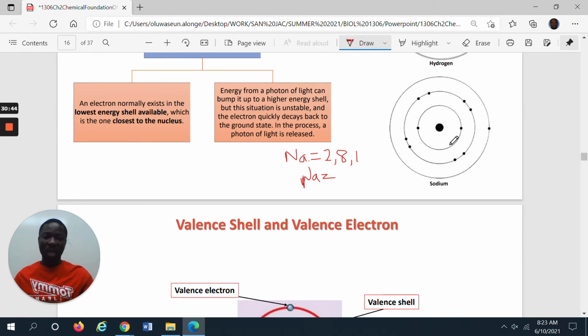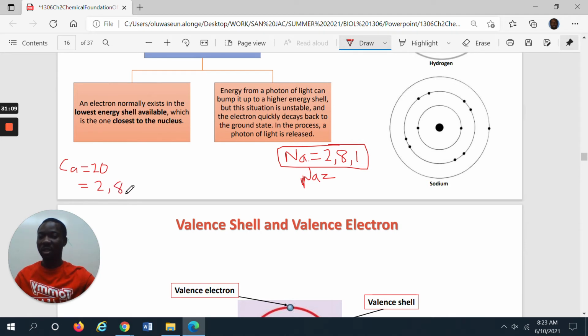And for calcium, that is number 20, even without drawing the shell diagram, I can use this model to determine how the diagram is going to look before I even draw it. It's going to be 2. Then the next one is going to be 8.